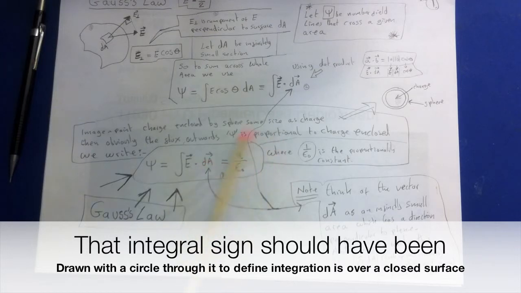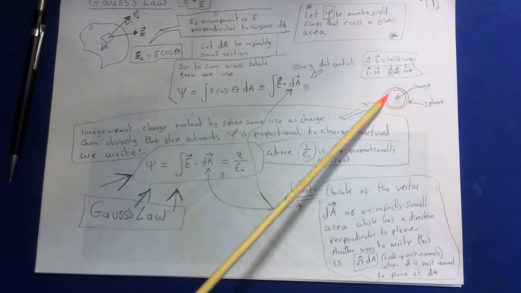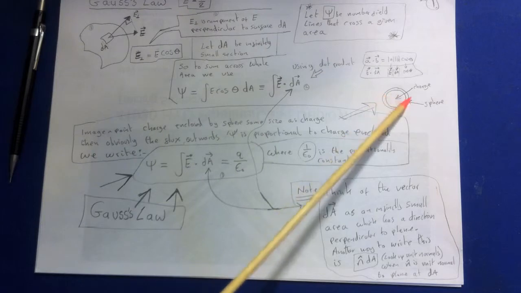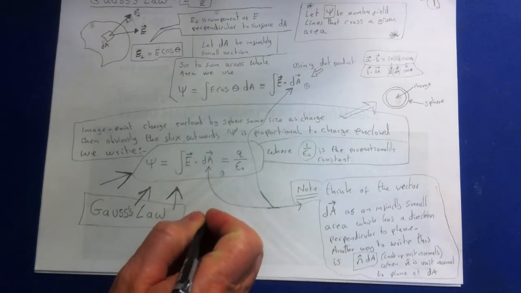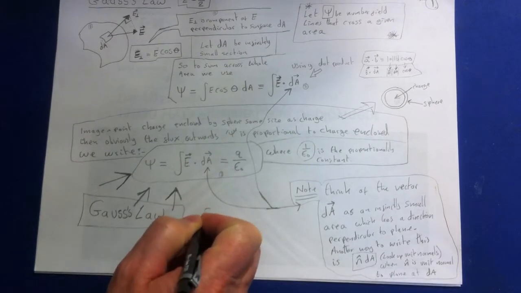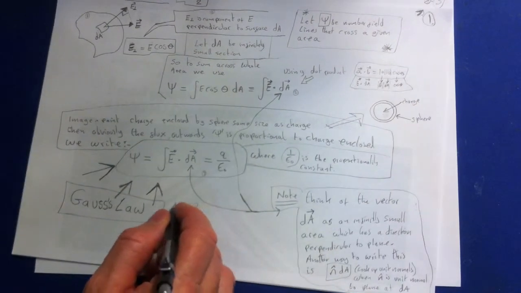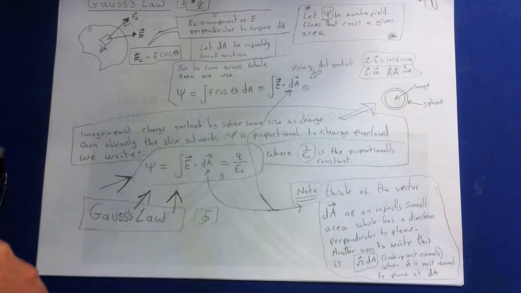So if the charge is not inside the sphere, it's out here, then obviously the flux that enters this side of the sphere is going to leave the other side. So if we calculated the flux using Gauss's law on that whole sphere, this equals 0. When we're going over the whole surface, we'll write the circle like this. This symbol here represents the surface integral over a closed surface.